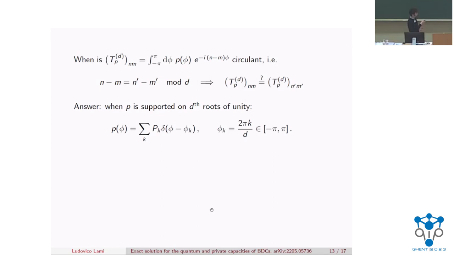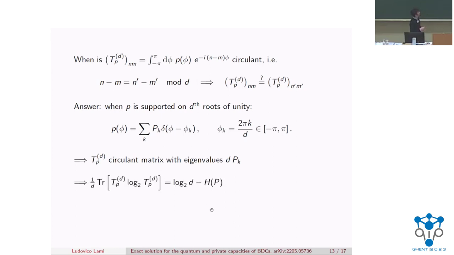For that case, you can diagonalize this one in the Fourier basis, and you see immediately that the eigenvalues are D times the coefficients of the probability distribution over these roots of unity. And then you can compute this entropic expression immediately, and it gives you log D minus the entropy of this discrete probability distribution. So for this special case, we are good.